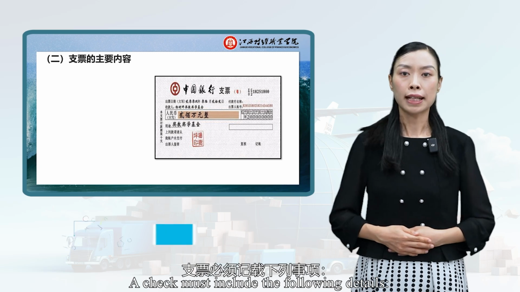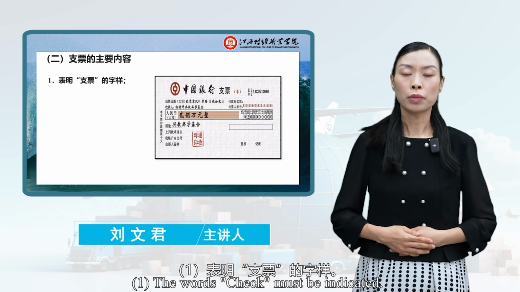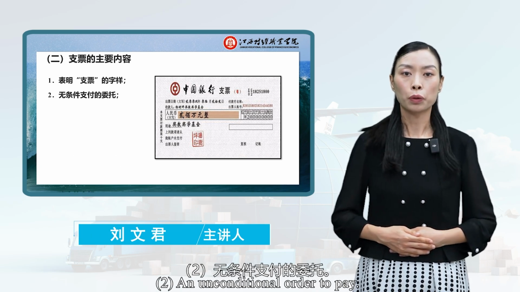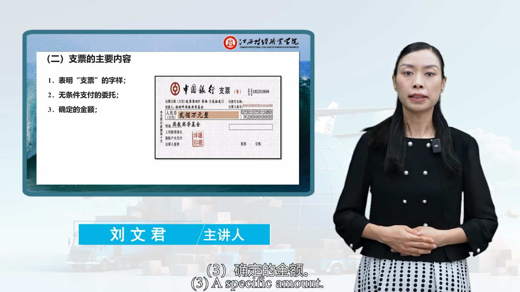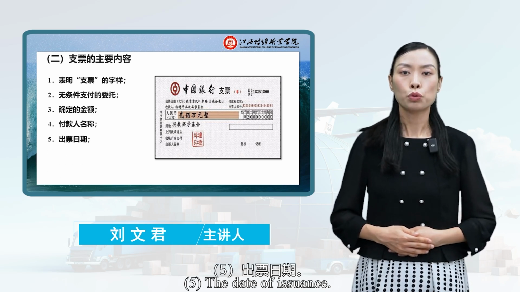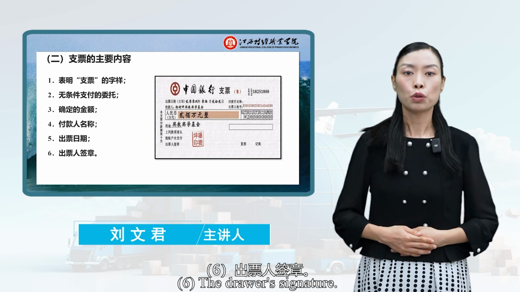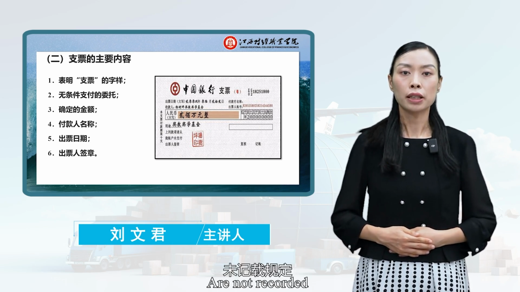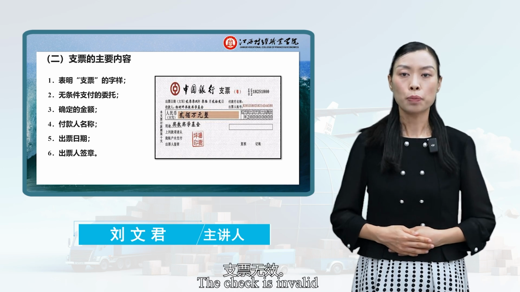A check must include the following details: first, the word check must be indicated; second, an unconditional order to pay; third, a specific amount; fourth, the name of the payee; fifth, the date of issuance; sixth, the drawer's signature. If any of the required details are not recorded, the check is invalid.